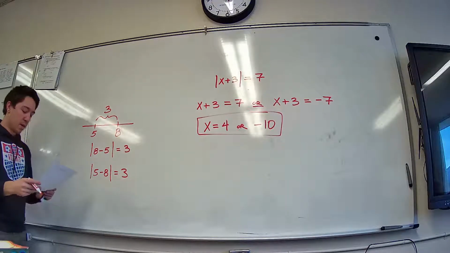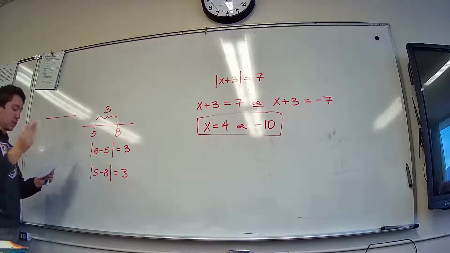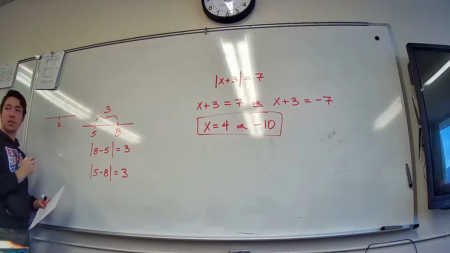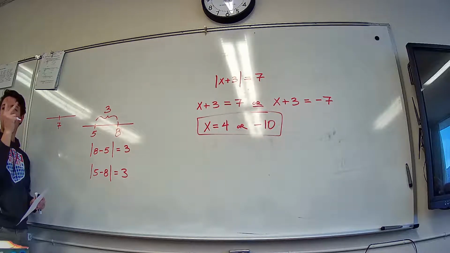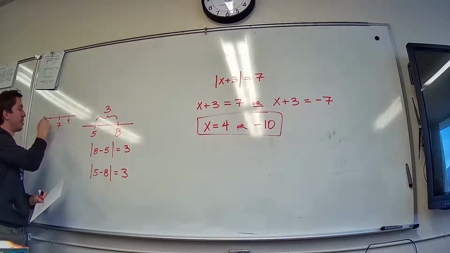So what am I getting at here? For 18A, if I say that x is 2 units away from 7, here's 7, so where could x live? X has 2 possible homes, either 9 or 5.